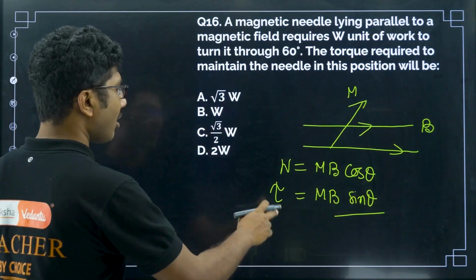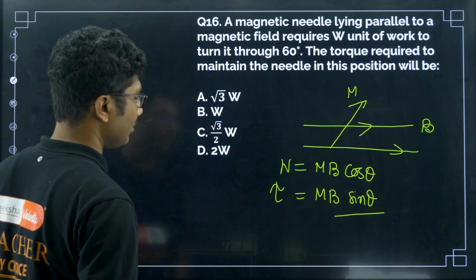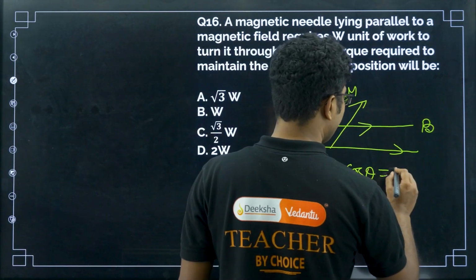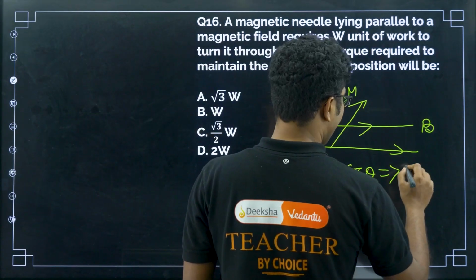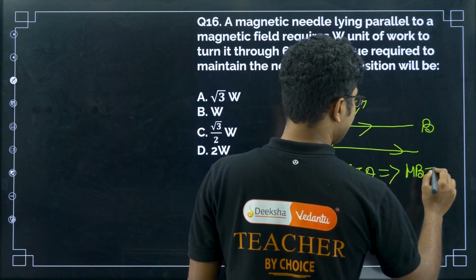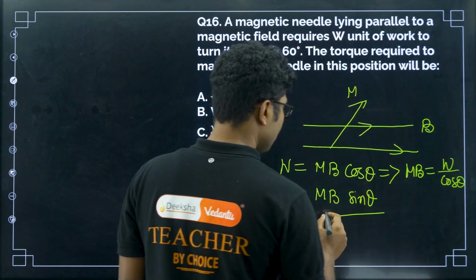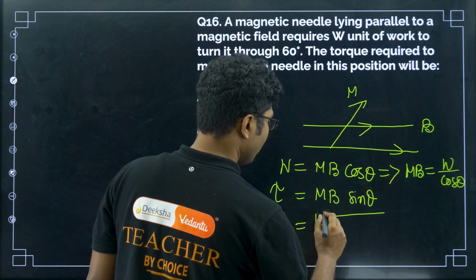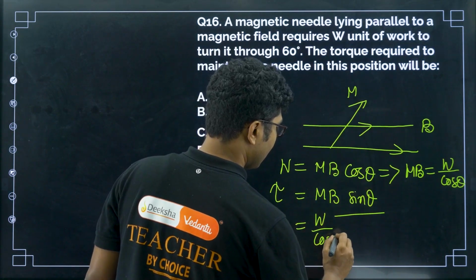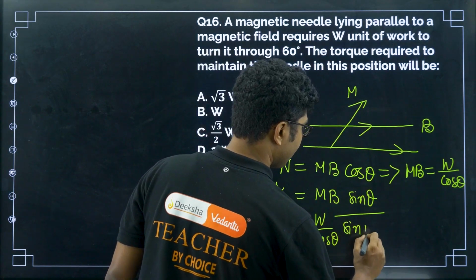Now how much torque is required, that they have asked you. So from this equation, we will find the value of MB. So MB is basically W by cos theta, right? So put that value here. So W by cos theta times sin theta.